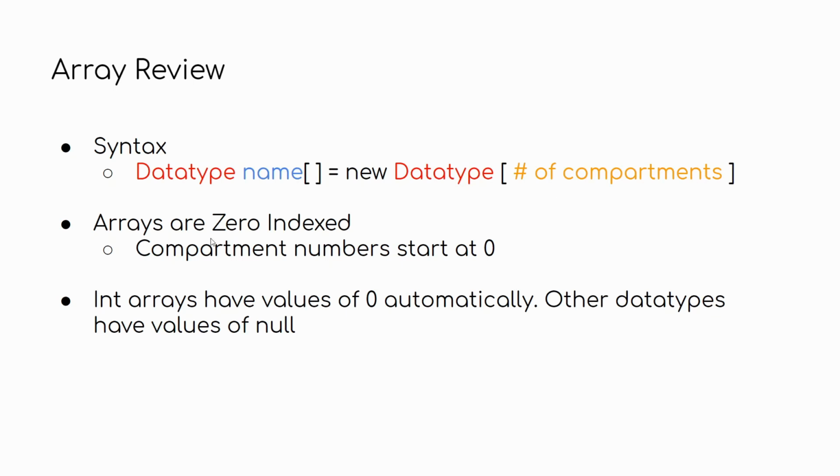Secondly, your arrays are always 0 indexed, meaning that compartment numbers start at 0. If you have an array with 5 compartments, then the compartment numbers will look like this: 0, 1, 2, 3, 4. And lastly, your integer arrays have values of 0 automatically set to each compartment, whereas other data types will have values of null for each compartment instead.